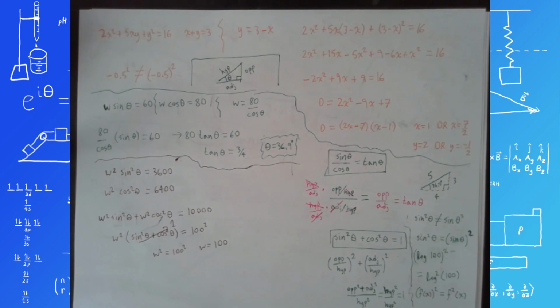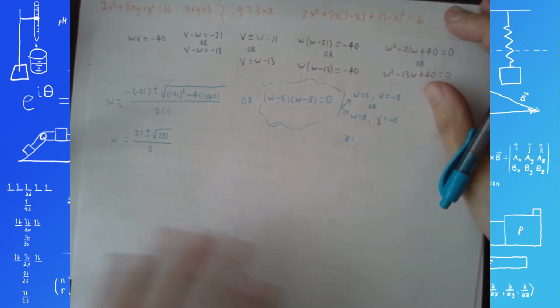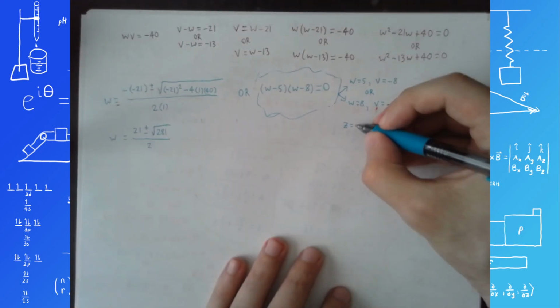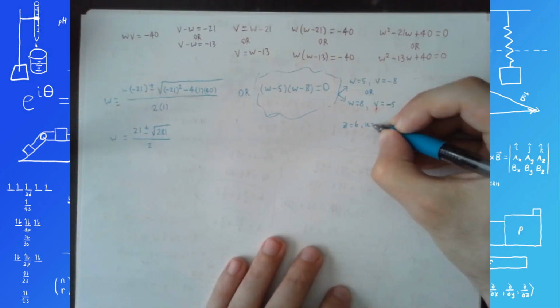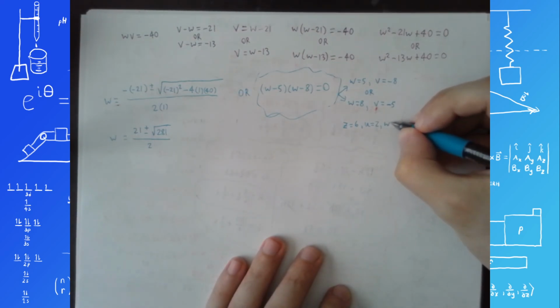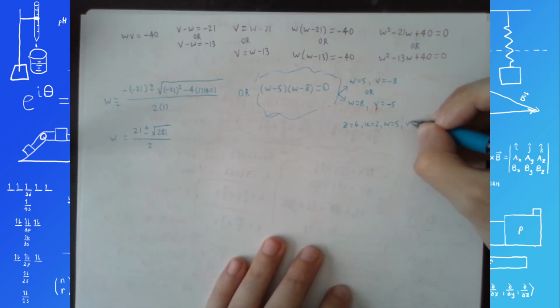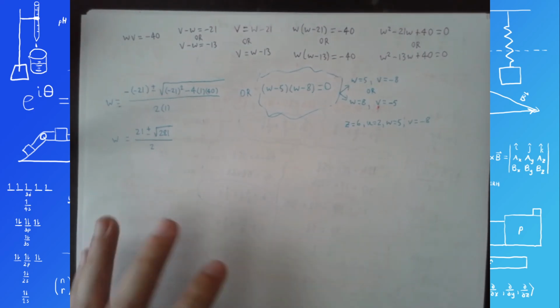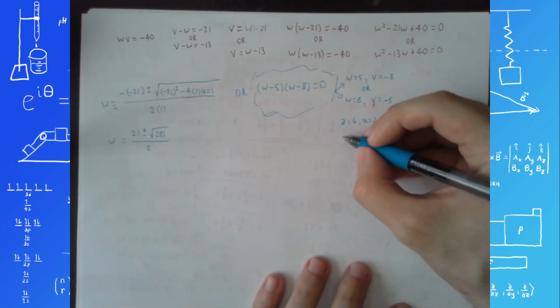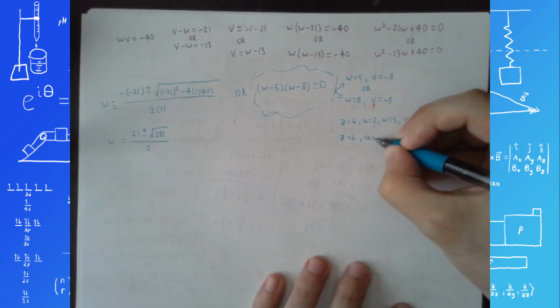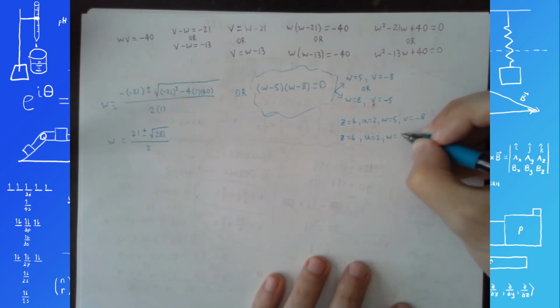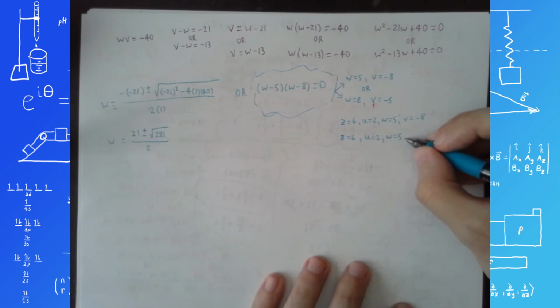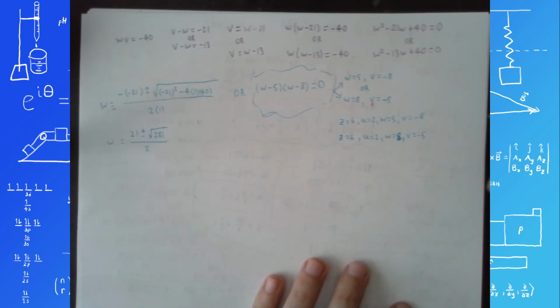So two of our possible solutions are z equals 6, u equals 2, w equals 5, and v equals -8. That's one possibility. Another possibility is z equals 6, u equals 2, w equals 8, and v equals -5.